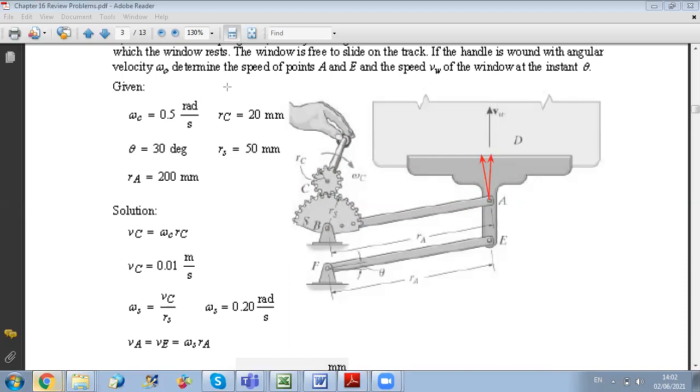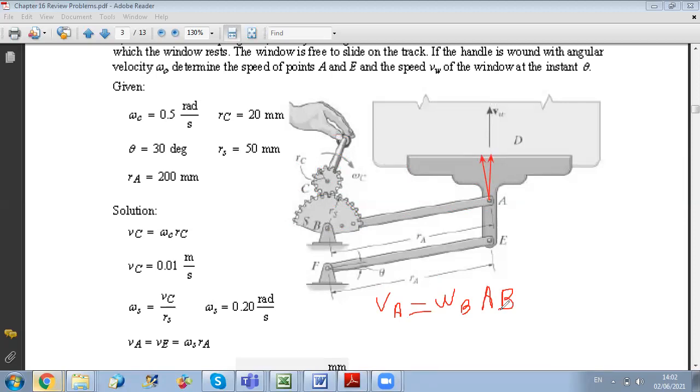To get the magnitude of V_A, all we have to do is multiply omega B, the omega of gear B, by the distance from B to A. So it's omega B times AB. In this way, we get the value of the velocity.